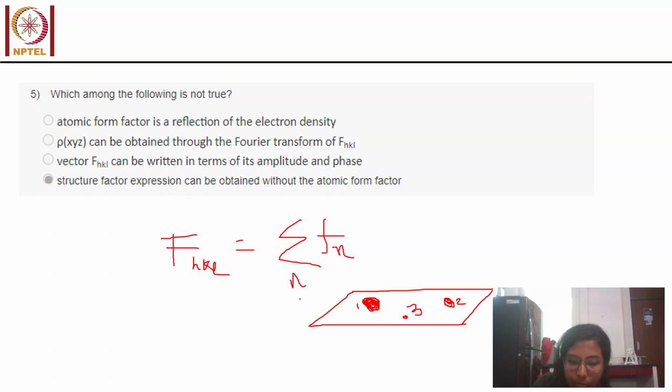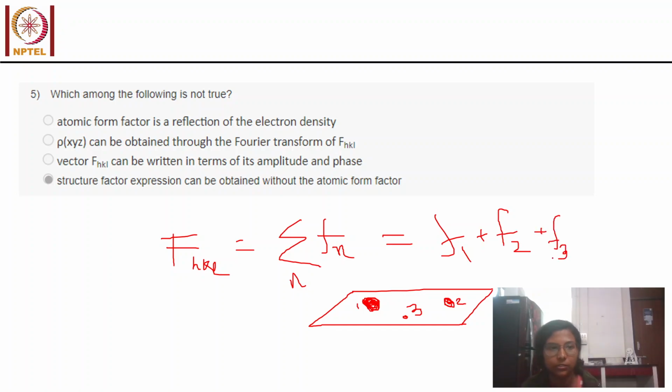So this will be like F1 plus F2 plus F3, like this. So in order to get the expression for the structure factor, we cannot do without the atomic form factor, right? So this one is the correct option.